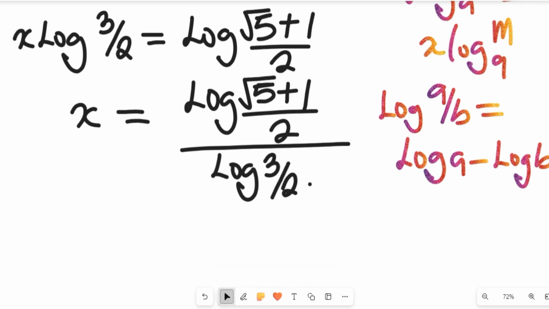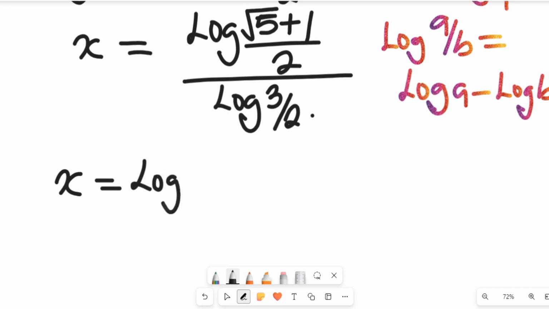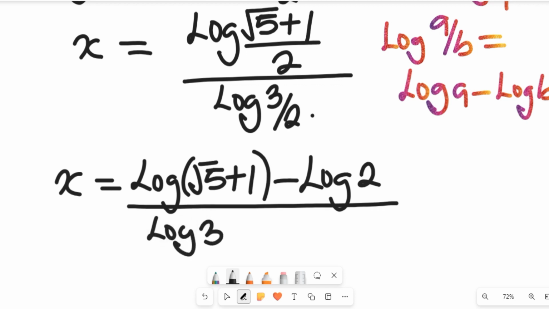So if we simplify that using that log rule, the division rule of logarithm, we are going to find a value of x to be equal to log of root 5 plus 1, right, minus the log of 2, and this will be divided by log of 3 minus the log of what?